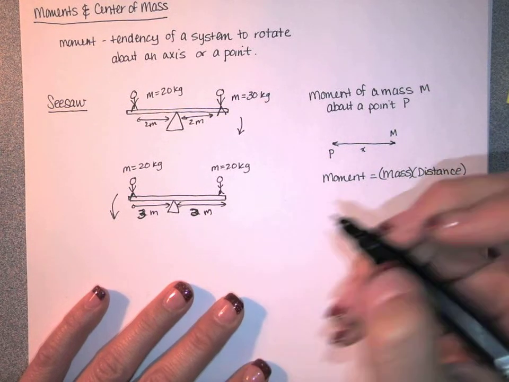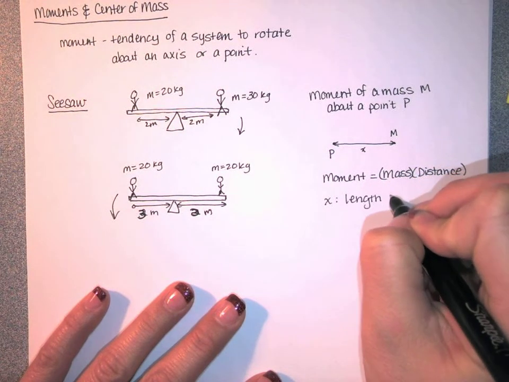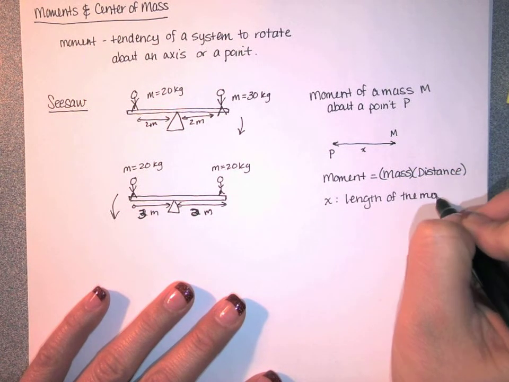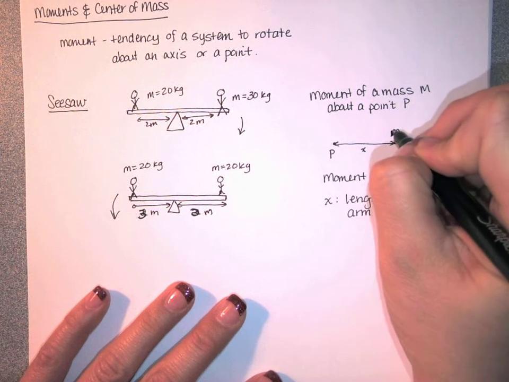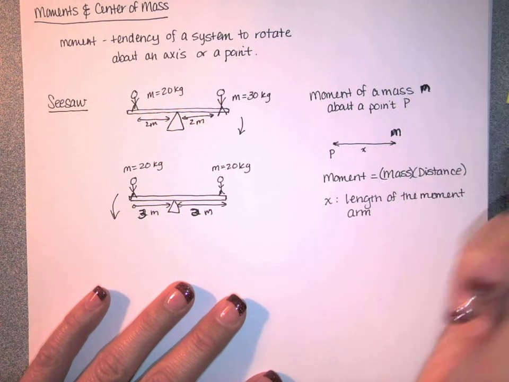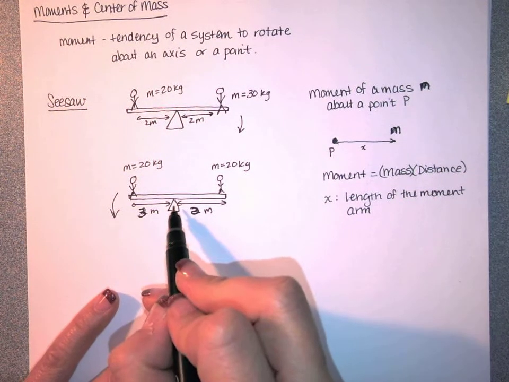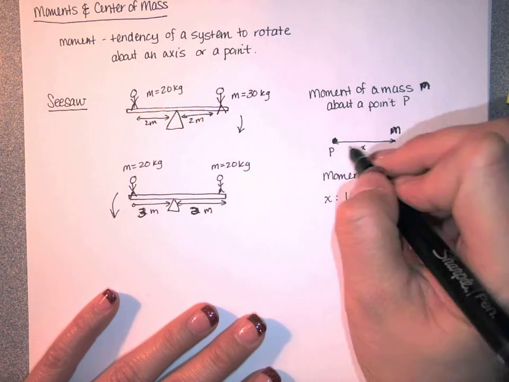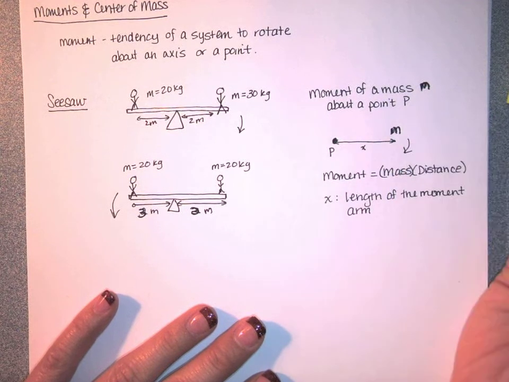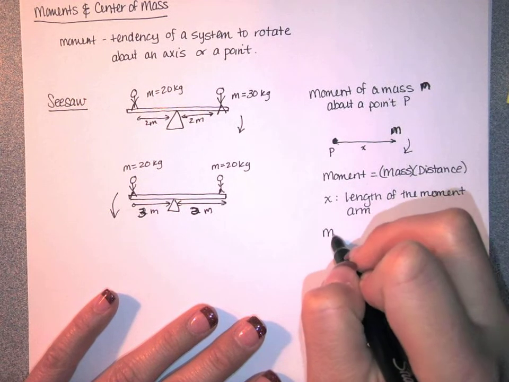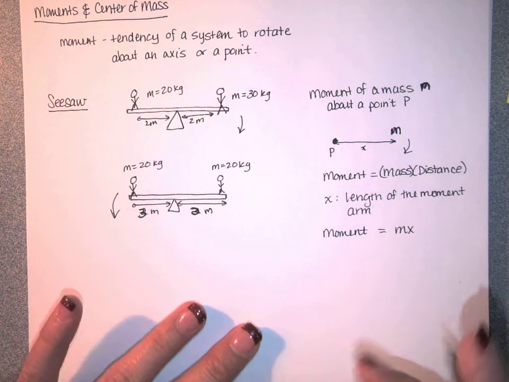And that distance, x, is called the length of the moment arm. So maybe I should use a lowercase m. So I've got a mass lowercase m at a distance x. If this is our fixed point, like that center point on our seesaw, and I've got a mass m over here at this distance, it's going to have a tendency to rotate about P in this direction. And that moment is m times x.